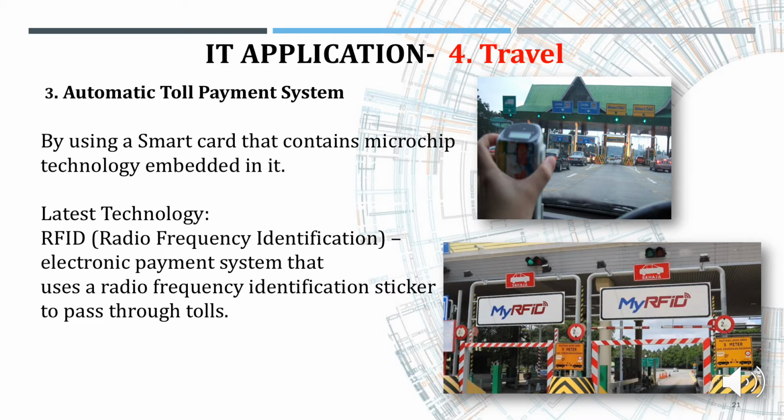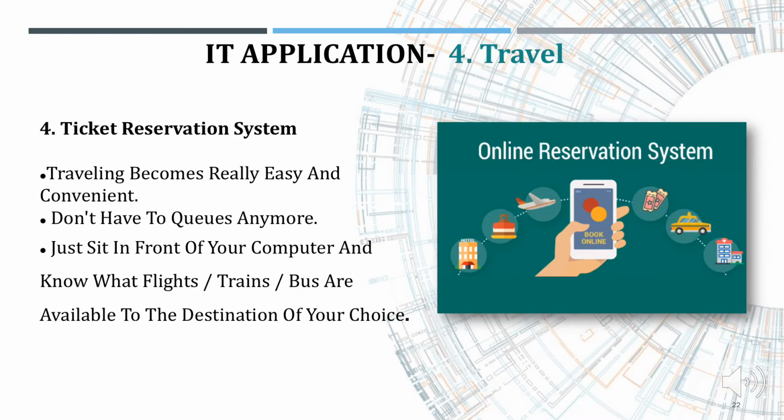Next one, a ticket reservation system, where you can buy tickets online, for example, flight tickets and bus tickets. Just book online, it's very simple. You don't need to queue up or take your time to go to the counter.